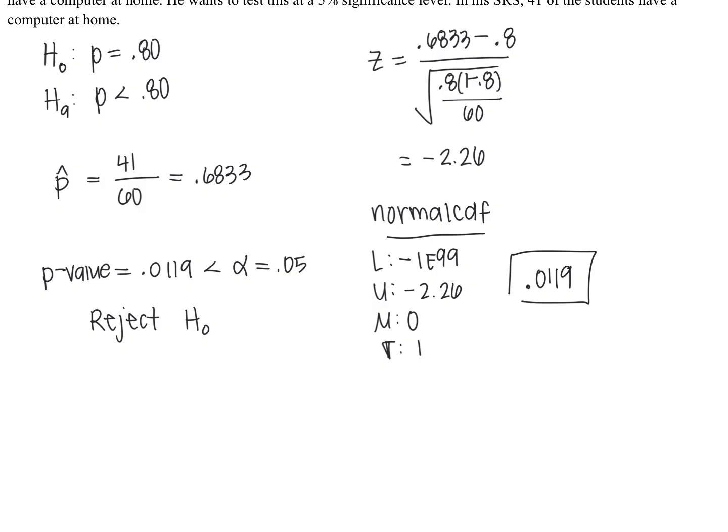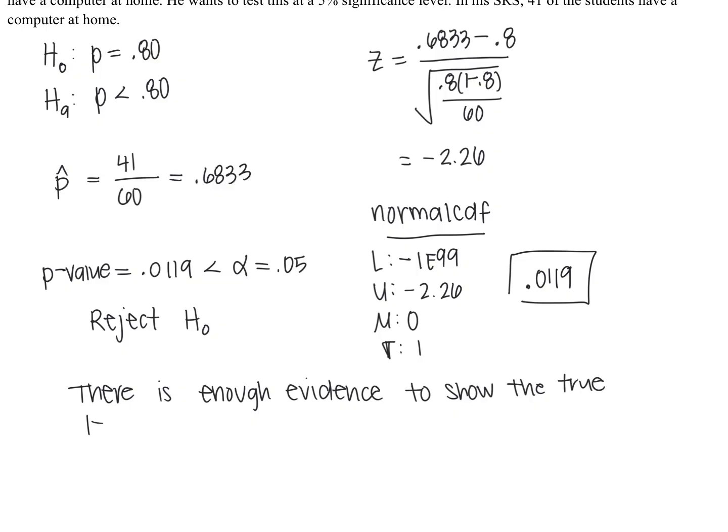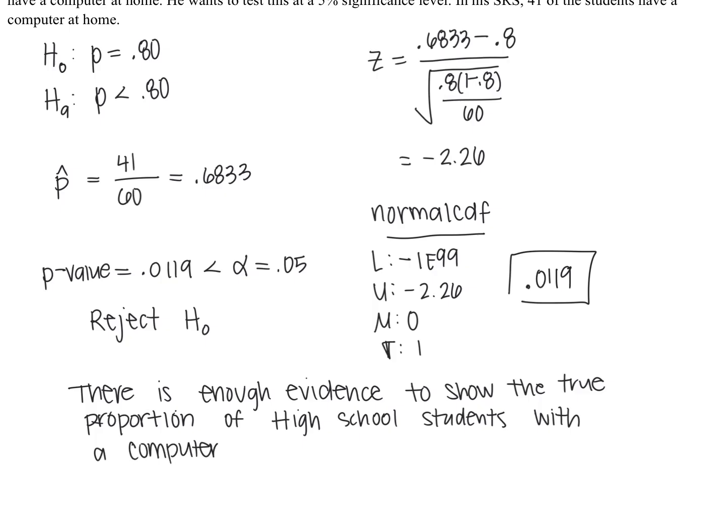So we can say there is enough evidence to show the true proportion of high school students with a computer at home is less than 80%.